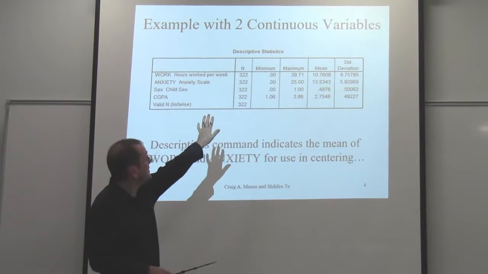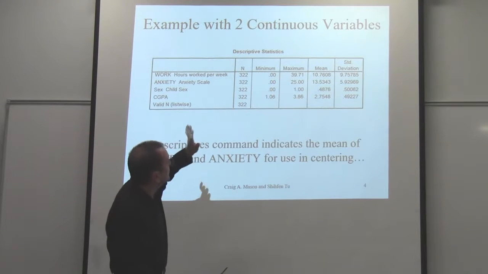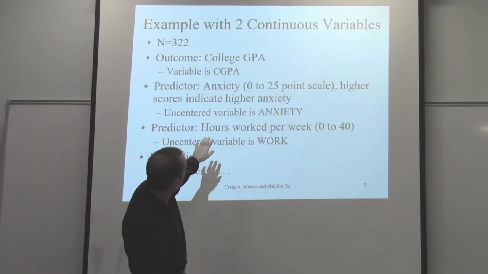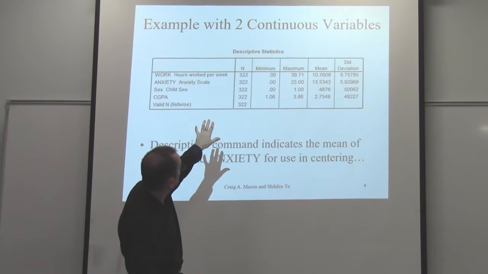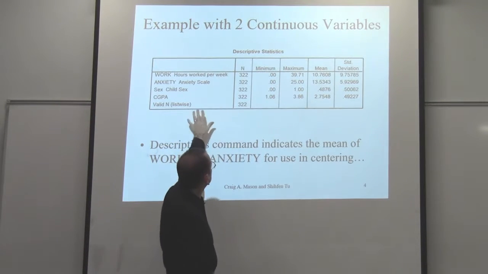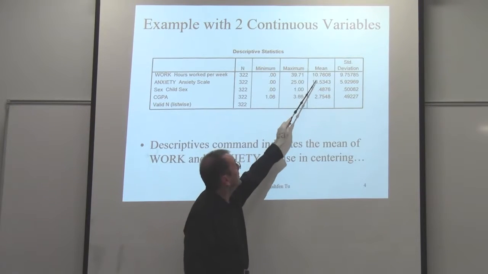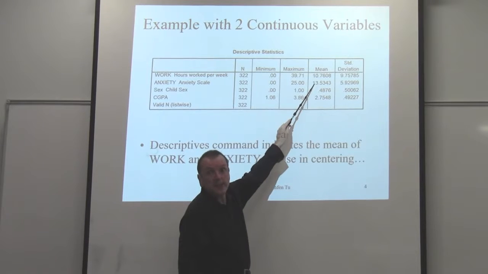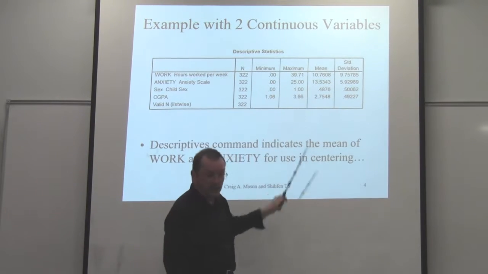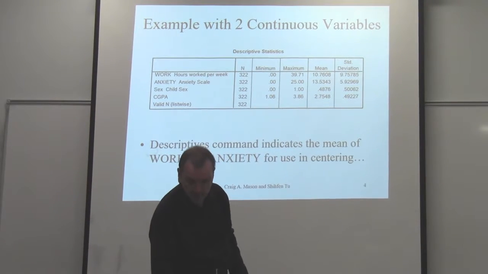So let me take a step back. We start with these variables. Let's look at the averages for work and anxiety so that we can center them. You have to get the means if you're going to center them.